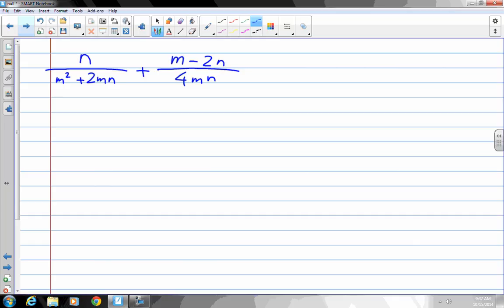So the first thing we should always do is to factor. So n over, pull out an m, m plus 2n, plus m minus 2n over 4mn.